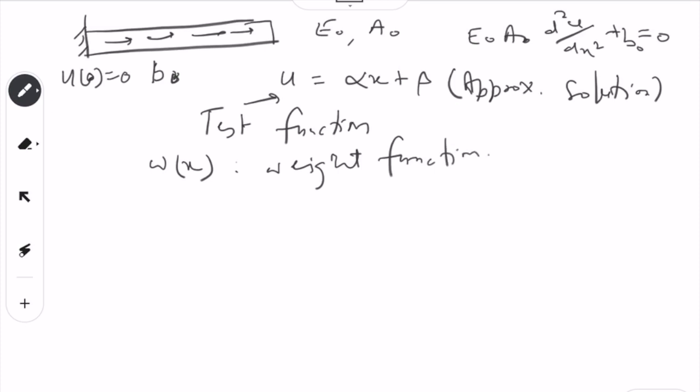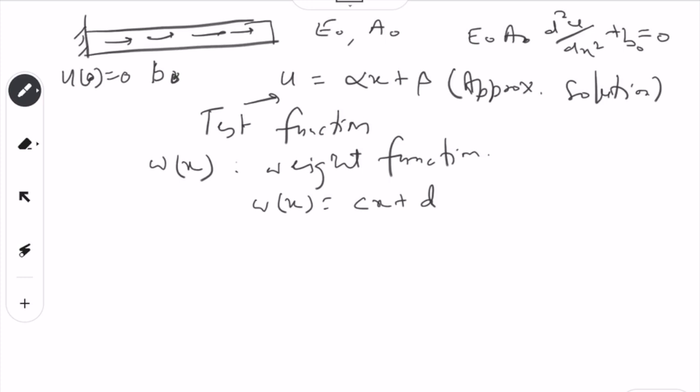If u is like this, alpha x plus beta, we can have wx of the same form, but with different constants. So let us call it cx plus d. Okay, that is the wx.